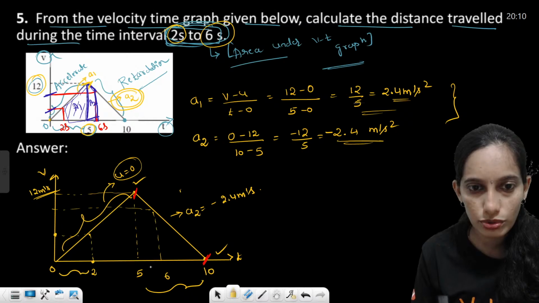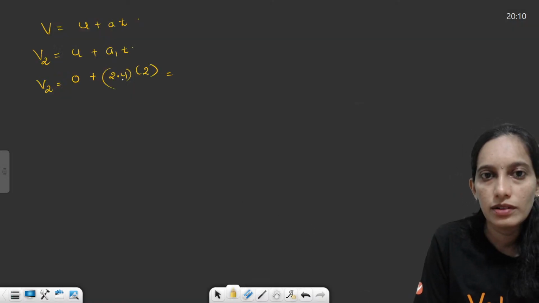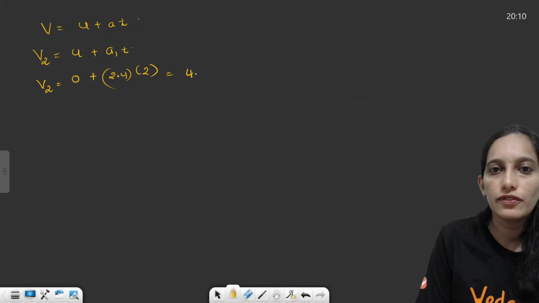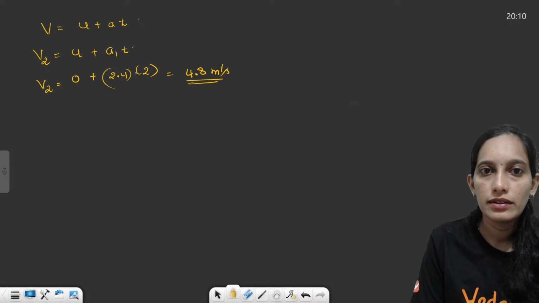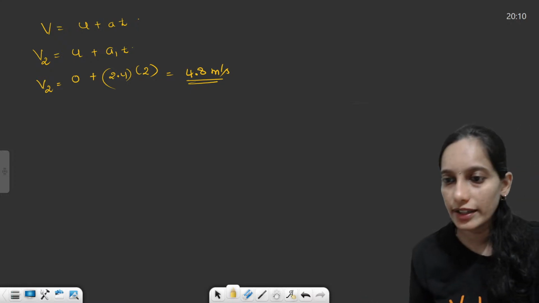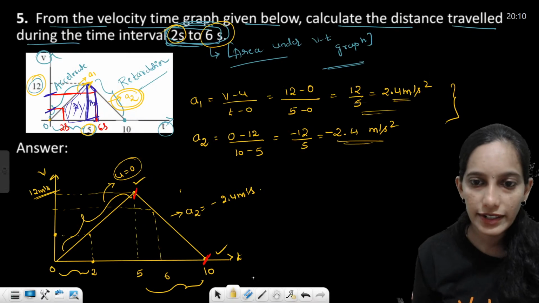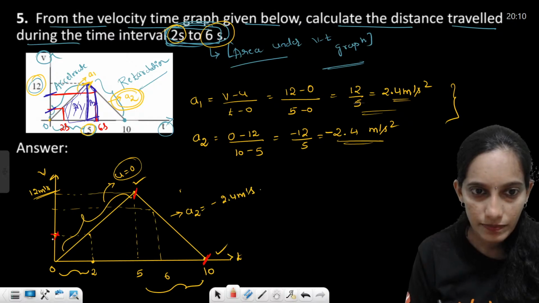From 0 to 2 seconds is the time duration, so I'll make it as 2. So this is something like 4.8 meter per second. Hope you agree. Velocity at 2 seconds comes to 4.8 meters per second. So this point I got.